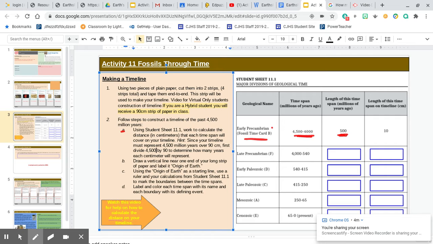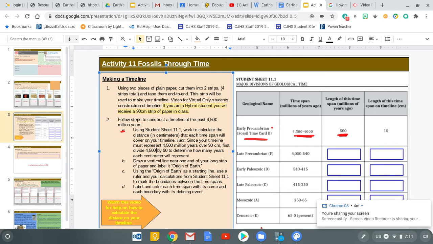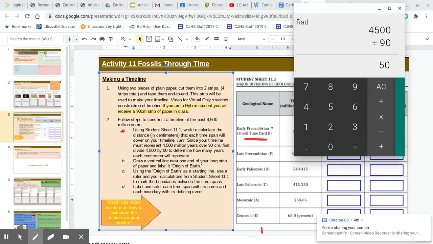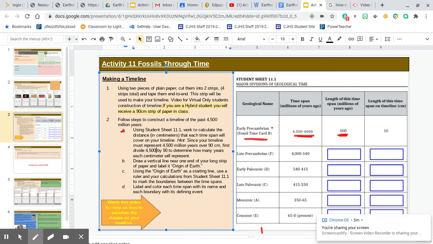To determine how long that would be on our timeline, we take 500 and divide it by 50, because each centimeter is 50 million years, and that would give us 10 centimeters.